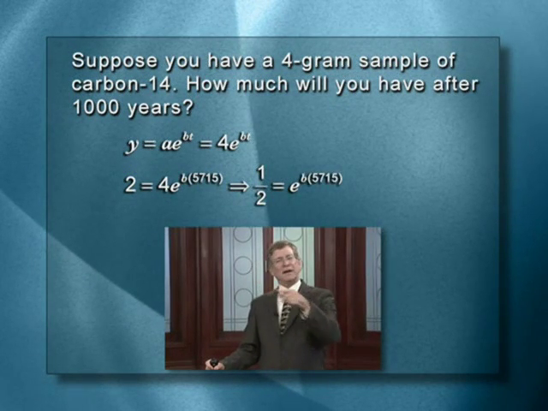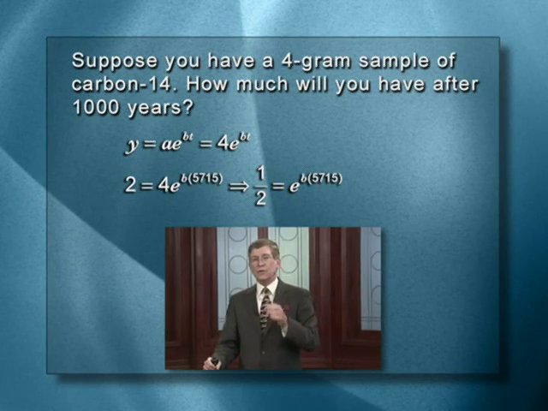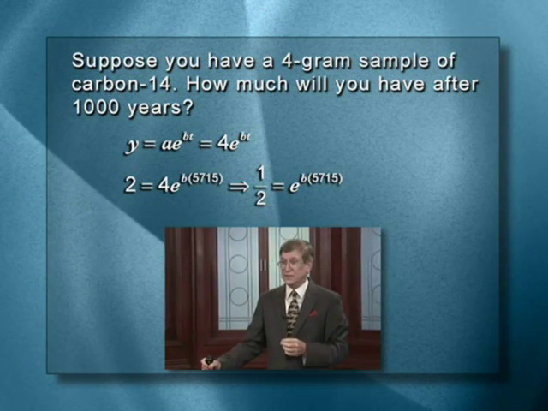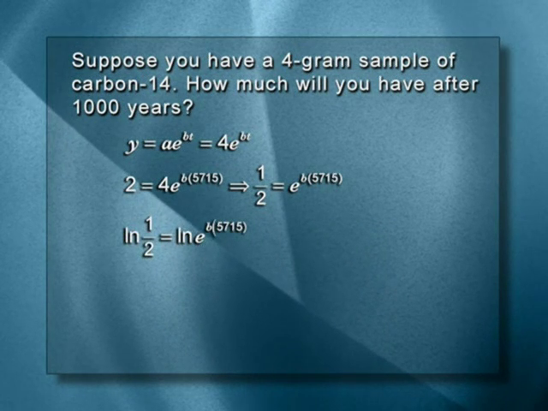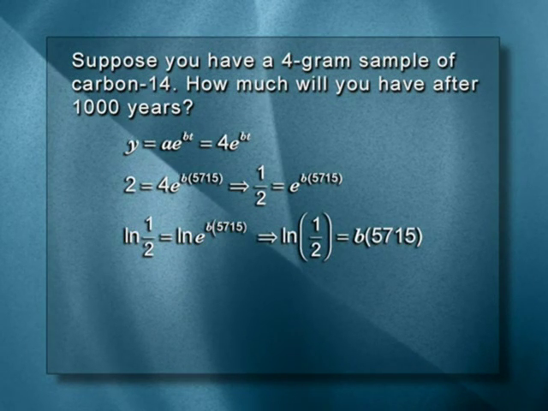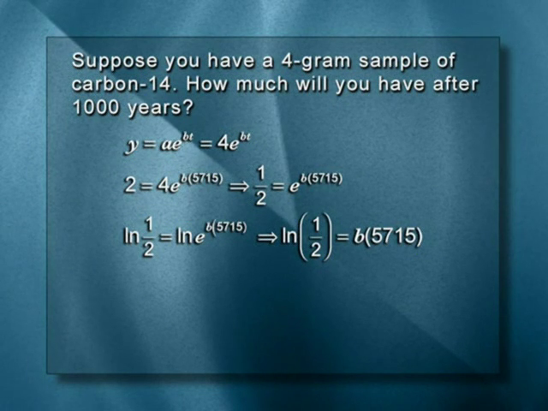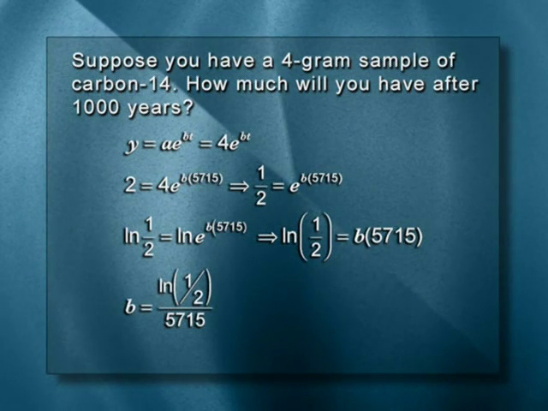How about if I first divide by 4 and I get 1/2 equals e to the power b times 5,715. Take logs of both sides. You know the dance now, I think. And the log and the e cancel, and I have log of 1/2 equals b times 5,715. Divide by that number, and we finally have the value of b.